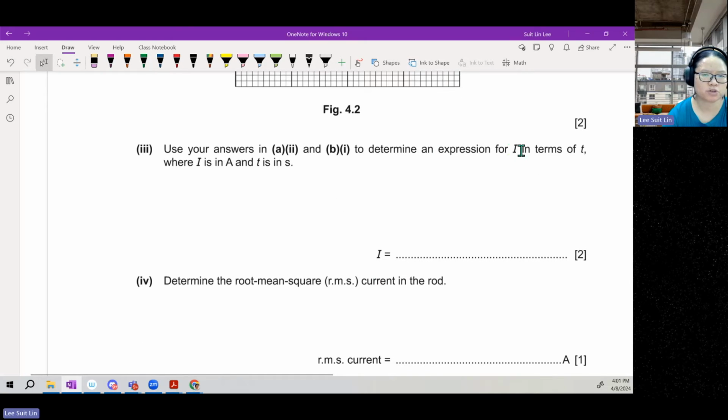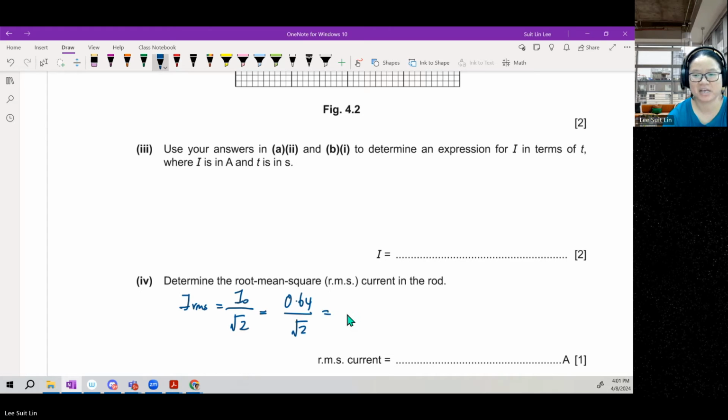To determine an expression of I in terms of t, where I is in ampere and t is in second, so they want an equation, and determine the RMS current in the rod. Can I do the easy question first? I RMS is maximum current divided by √2. I'm reading the question to preempt myself. 0.45.